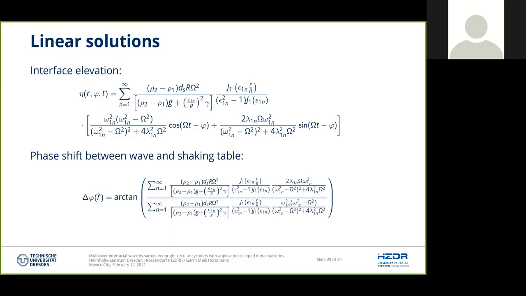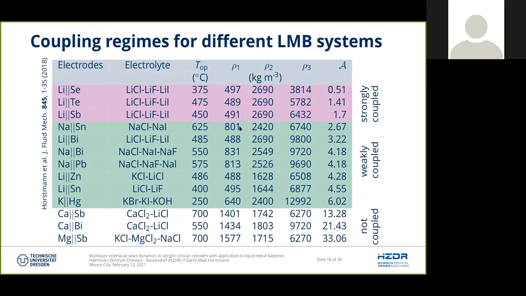You show a table where you have the different alloys, and you identify that, for instance, the batteries based on calcium are not coupled, and those based on lithium are strongly coupled. Is it possible to relate this behavior with some battery parameter?